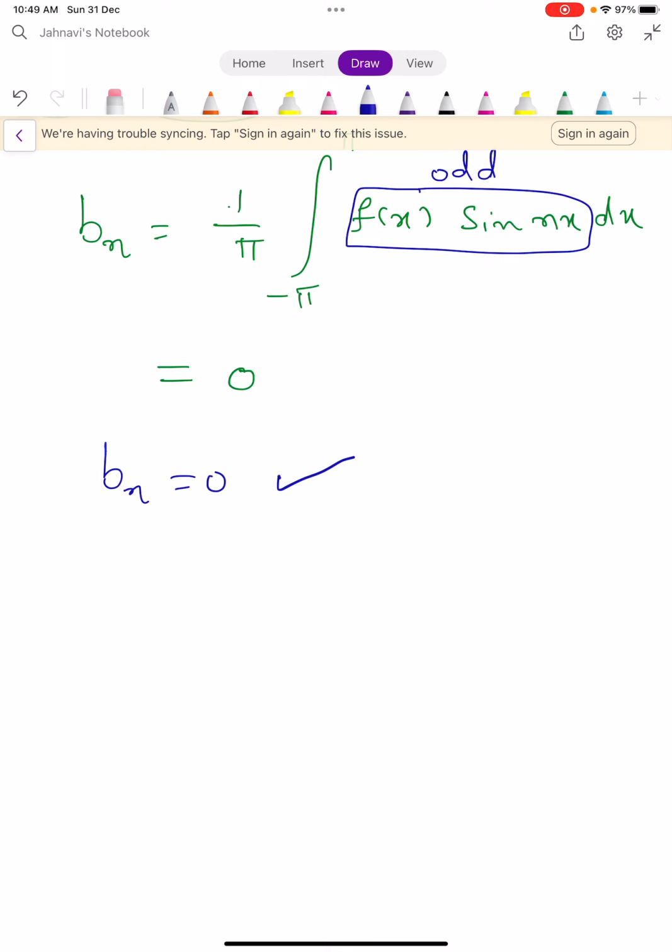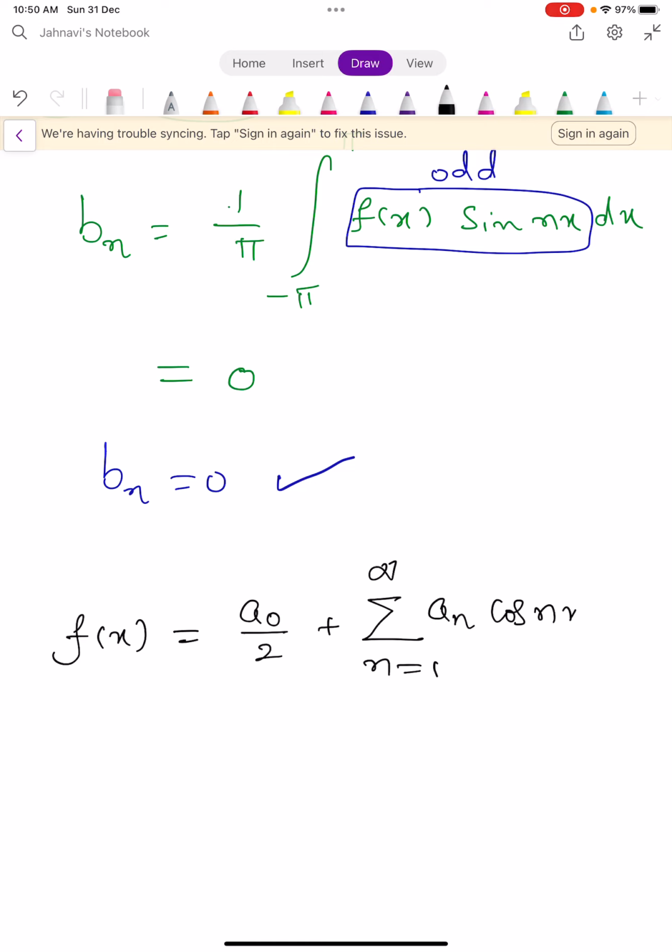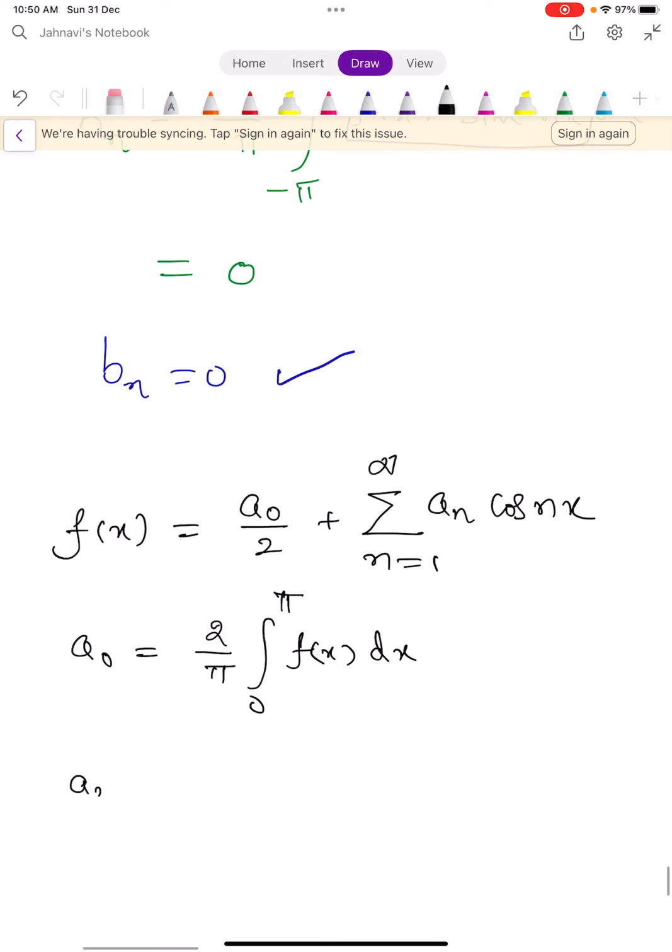If bn is 0, then the Fourier series takes the form f of x is equal to a naught by 2 plus summation n is equal to 1 to infinity an cos nx, where a naught is 2 by pi integral 0 to pi f of x dx, and an is 2 by pi integral 0 to pi f of x cos nx dx.